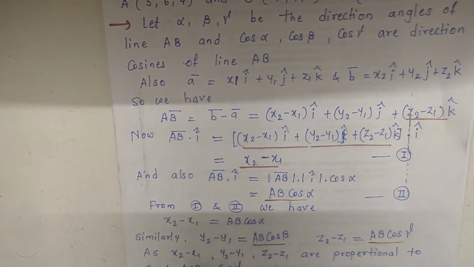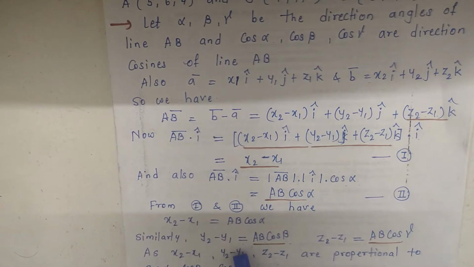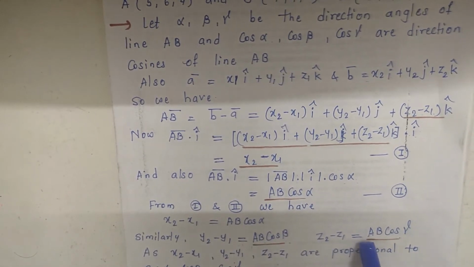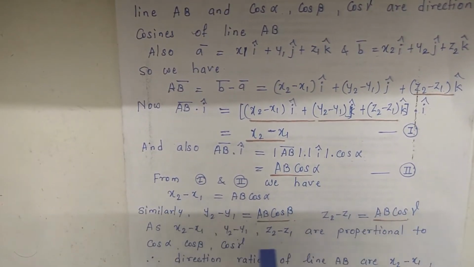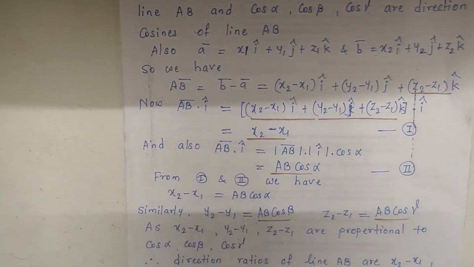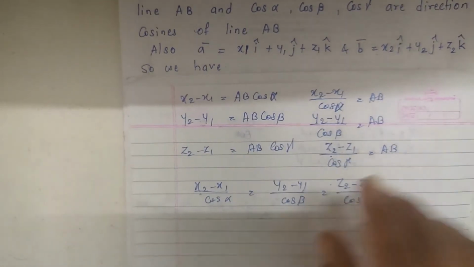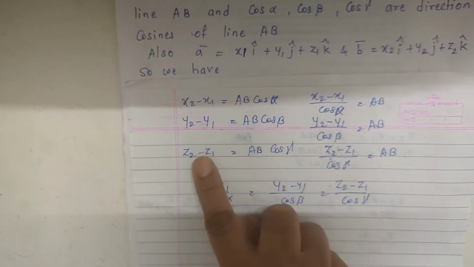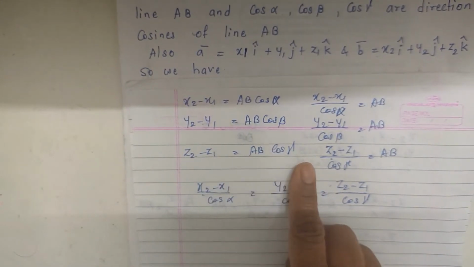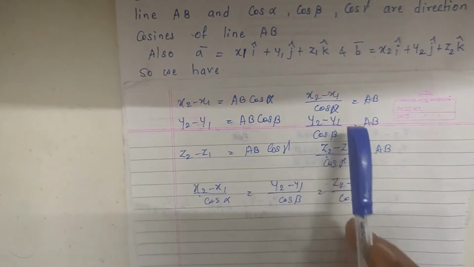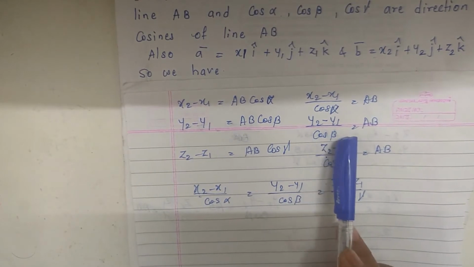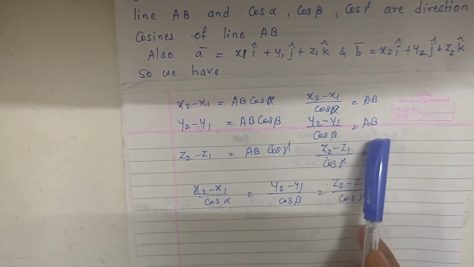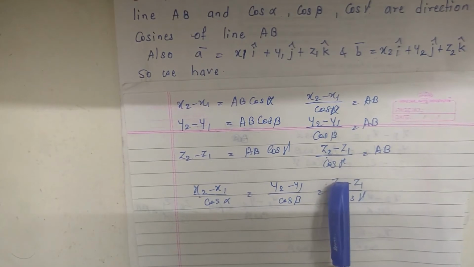Similarly, we get y2 minus y1 is equal to AB cos beta and z2 minus z1 is equal to AB cos gamma. Now from these three equations, we get the ratios: x2 minus x1 upon cos alpha is equal to AB, y2 minus y1 upon cos beta is equal to AB, and z2 minus z1 upon cos gamma is equal to AB.